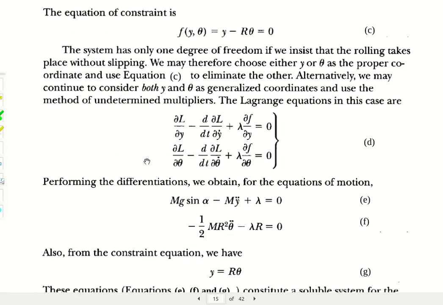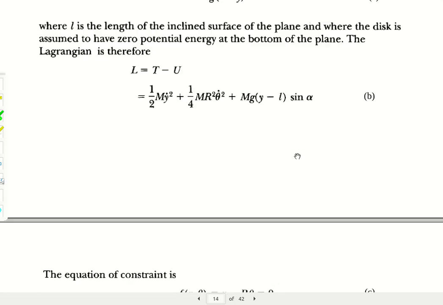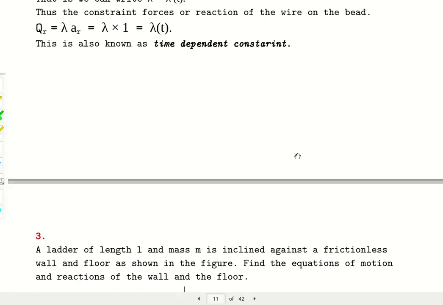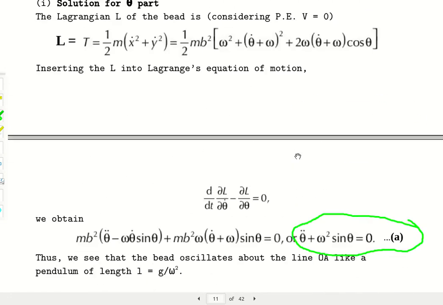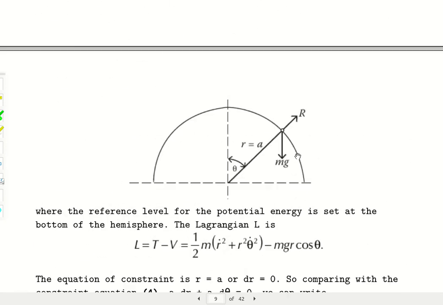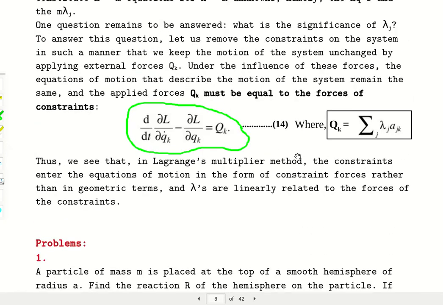So the coefficient of lambda, which is written in terms of del f del y, is nothing but a_jk in your equation, which we have written previously. I am going to the very basic in the theory part.